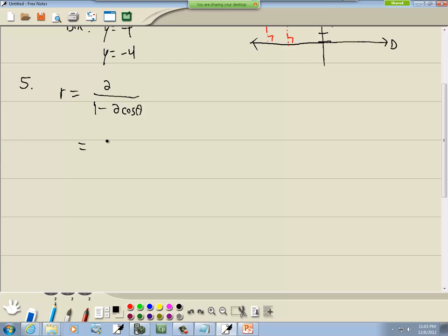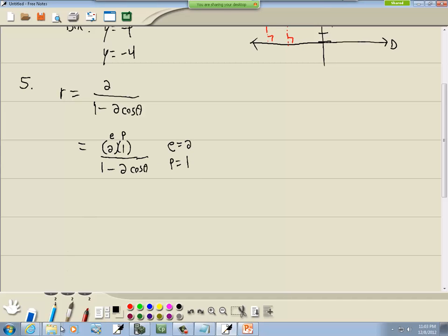And this up here is e, of course, whatever number is before your cosine. And we want this as e times p. Well, this would be 2 times 1. So this is e and this is p, although I don't think we use p on this particular one. So e is 2 and p is 1.